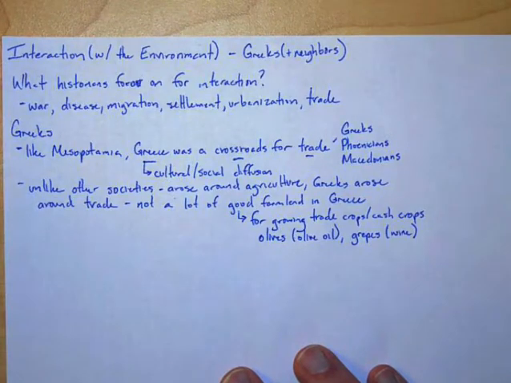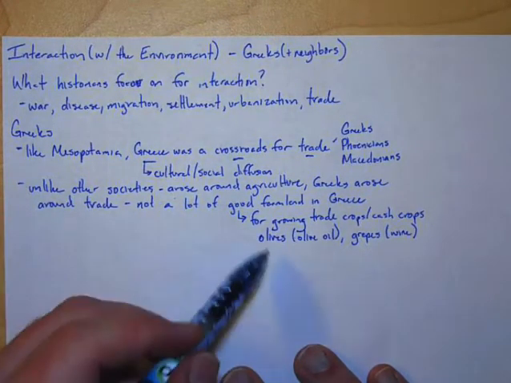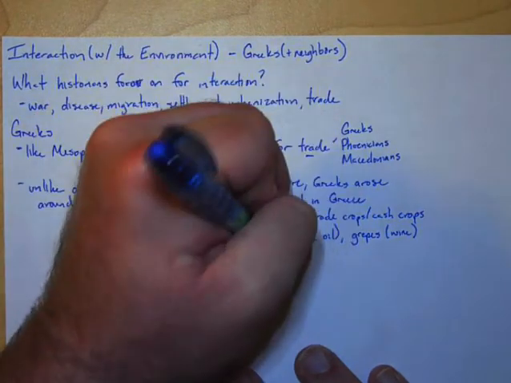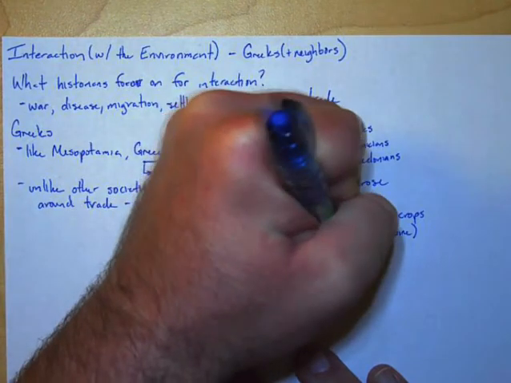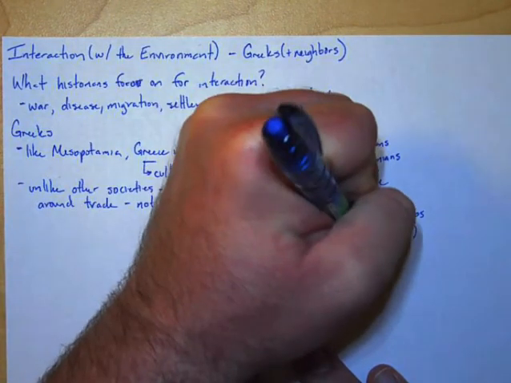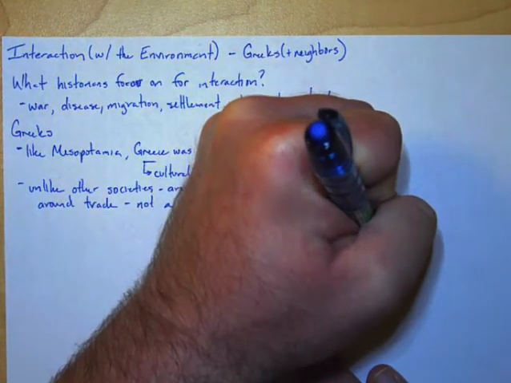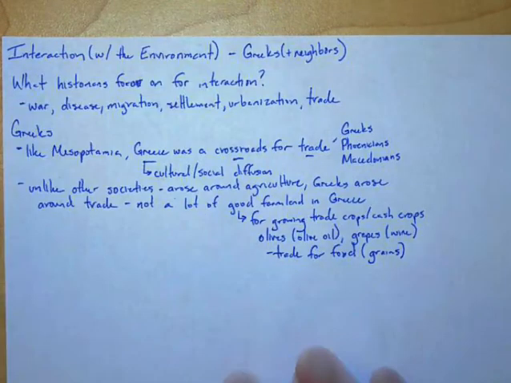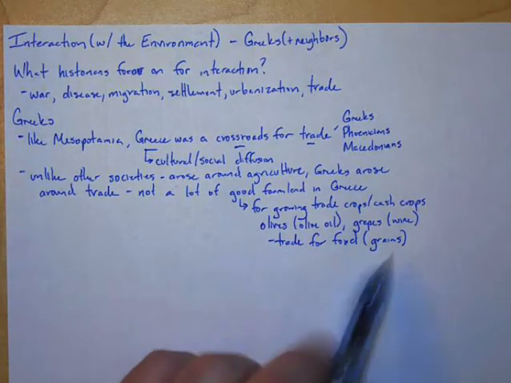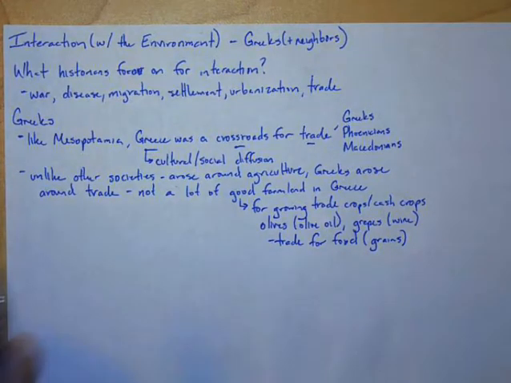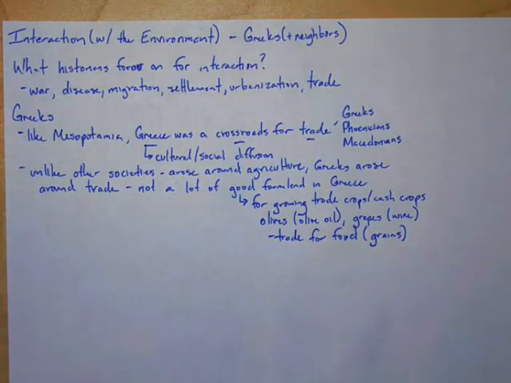So instead of growing a lot of crops themselves, the Greeks would grow olives and grapes and trade this stuff for food. Grains. You can eat olives and grapes, of course, but you'd really want to trade that stuff for grains because that's the stuff that will last longer. More people can eat that stuff.